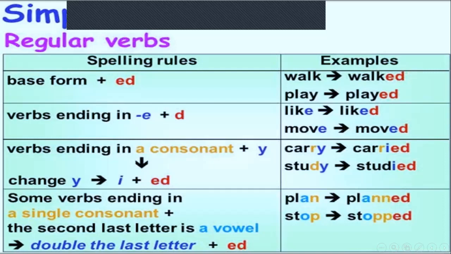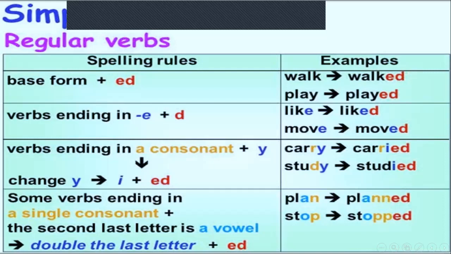But if the verb ends in e, we add d only. Look at this verb ending in e, so we will add d only. D here in red. Why?